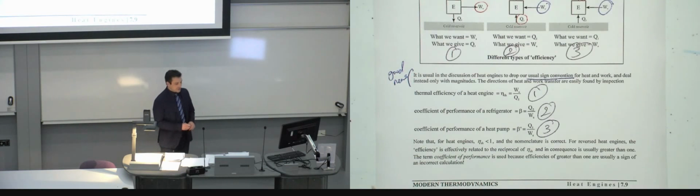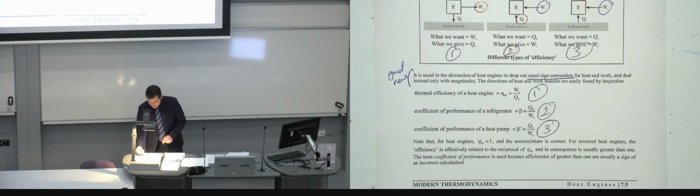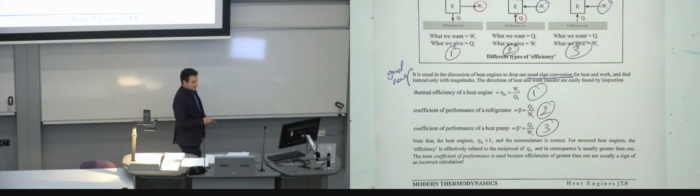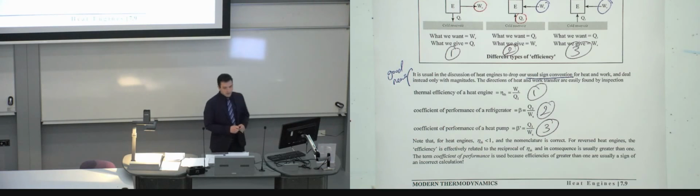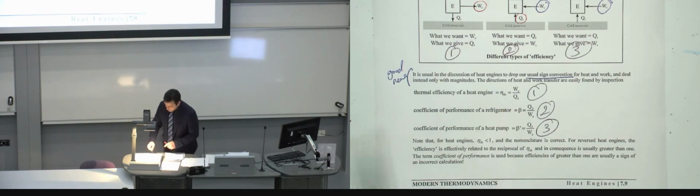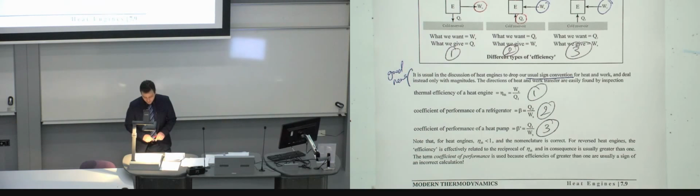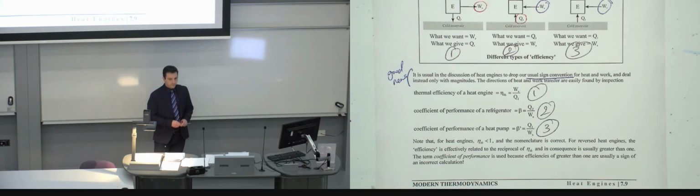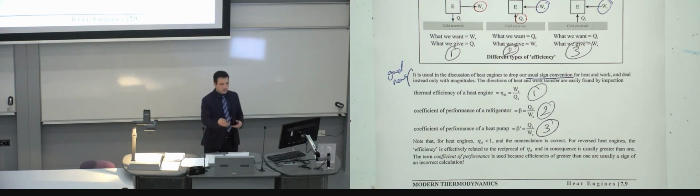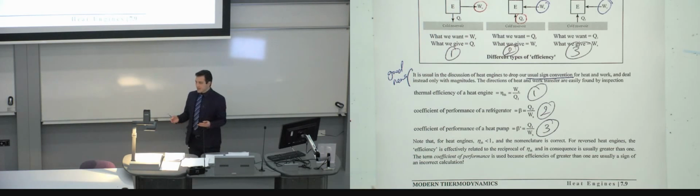Now, going back to the reason why we're not going to use eta and we use a different symbol for the refrigeration and the heat pump: in the case of the refrigeration and heat pump, you'll actually find out that the efficiency works out to be more than 1. And because of the conventional definition of efficiency, you can't have anything more than 1 or more than 100%.